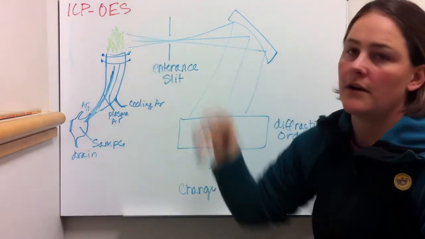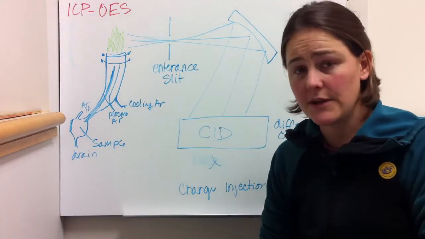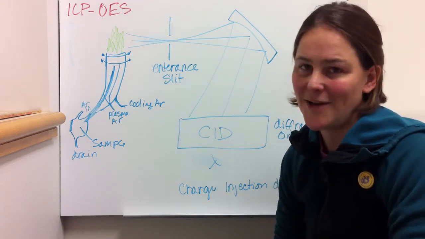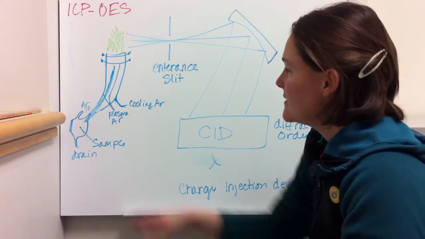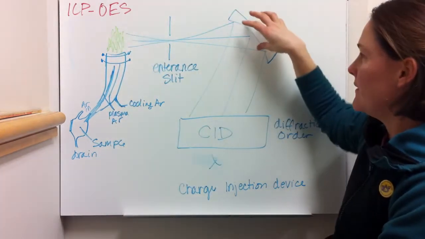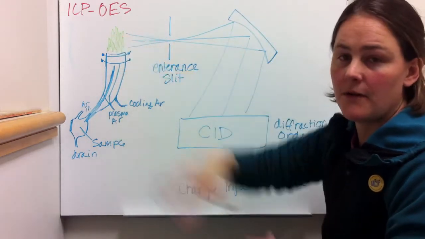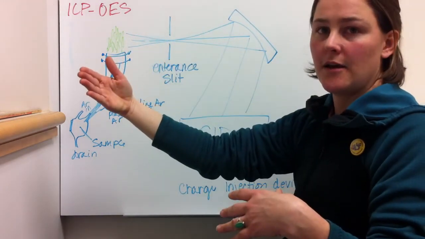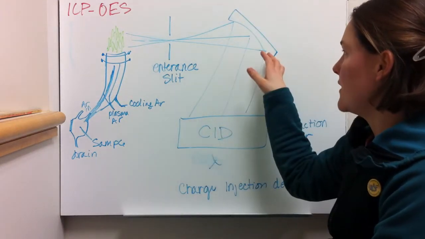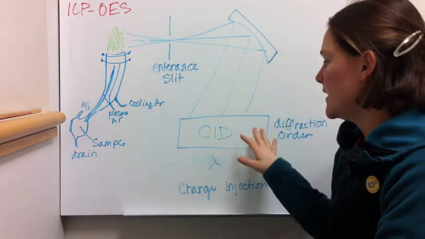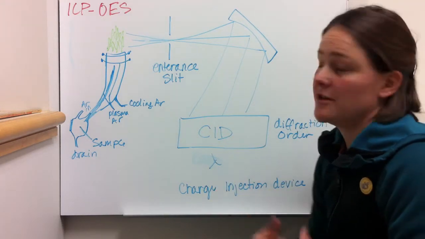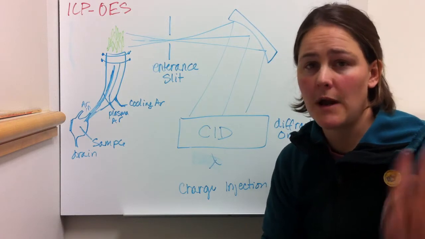So you can use it for optical emission spectroscopy, just like what we talked about for the atomic emission spectroscopy. You generate your plasma the same way, then you have the light, the emission from when you have excited atoms going back to ground state. It comes in, gets collimated, and goes onto something called a CID, which is a charge injection device, which is similar to a CCD, only way better.